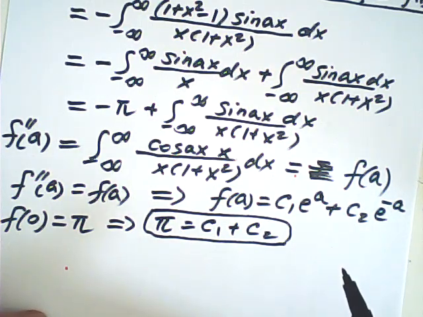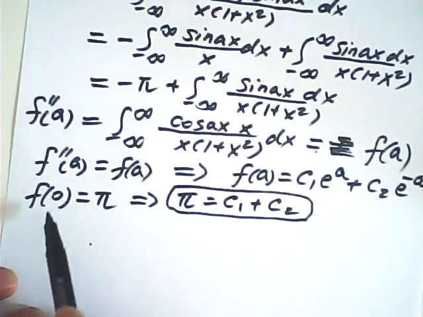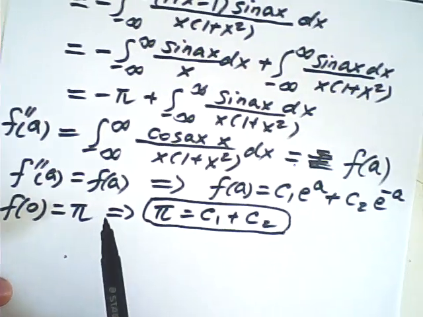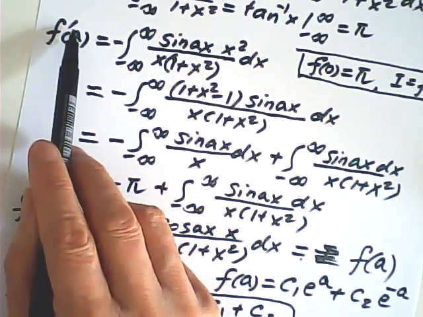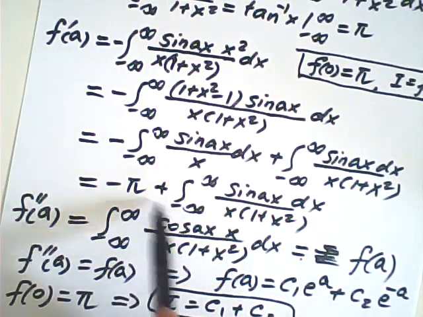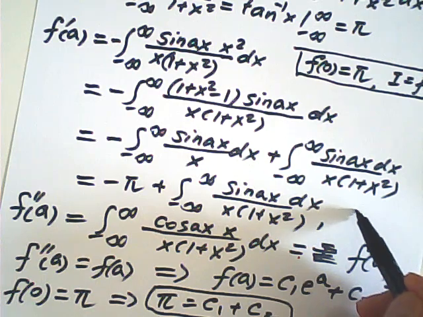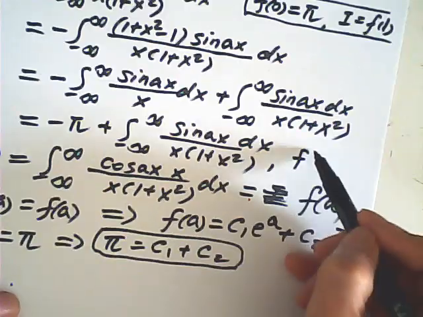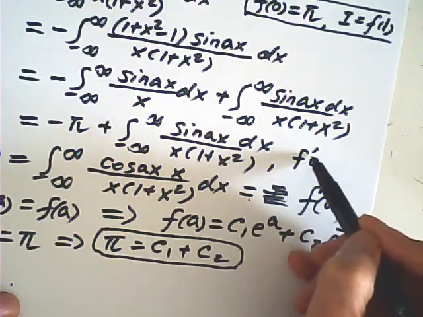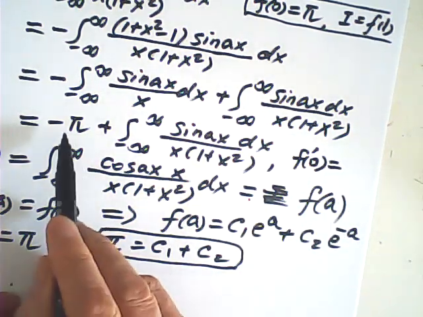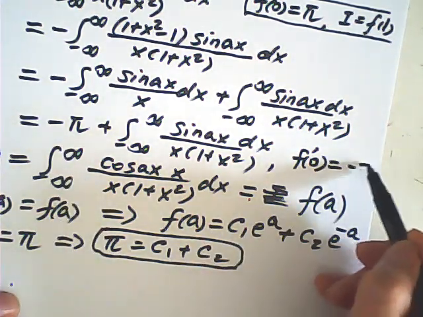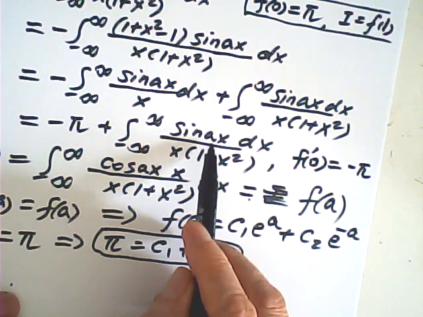Now my other condition: f prime of a is this. The first derivative at a equal to 0 will be negative pi because this is 0.